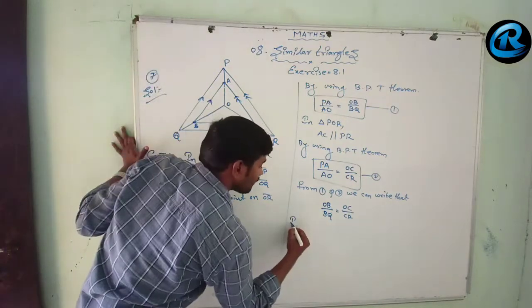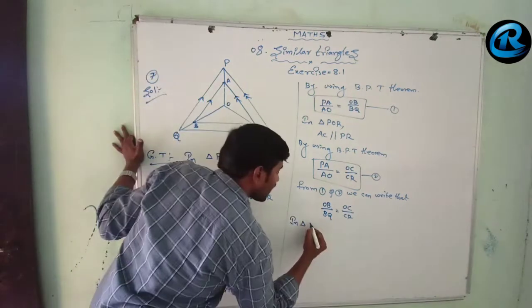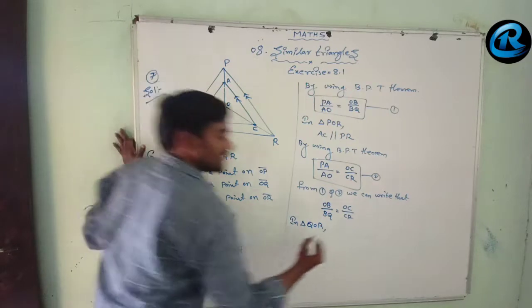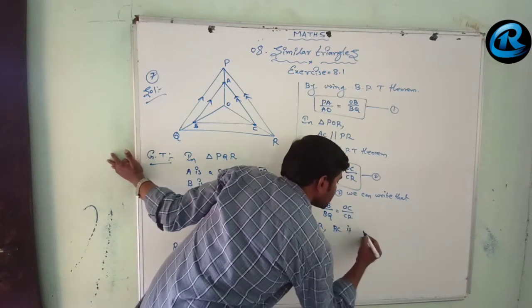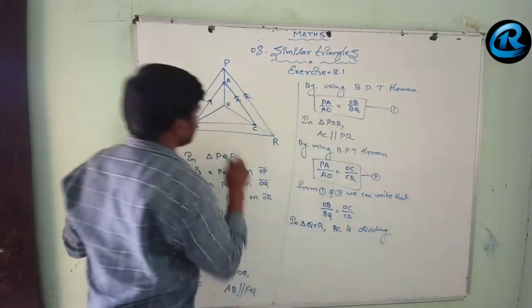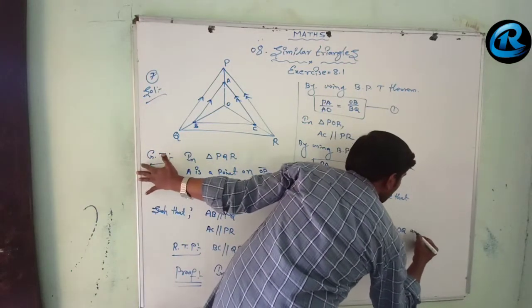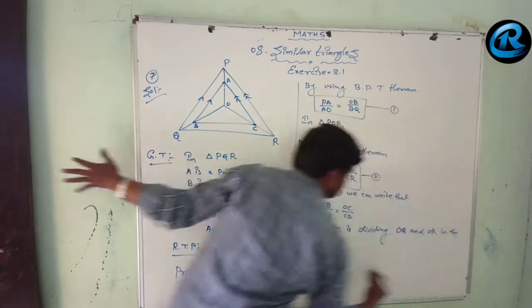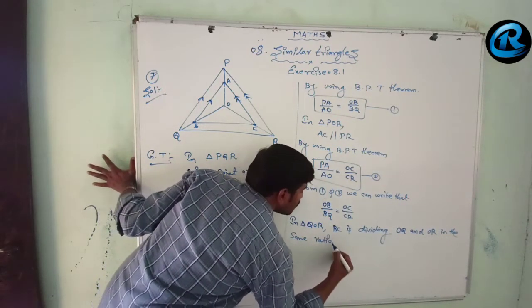In triangle QOR, here BC is dividing OQ and OR in the same ratio.